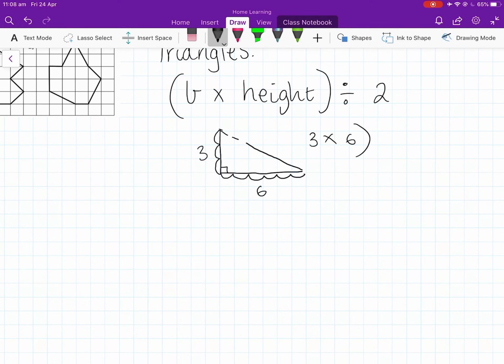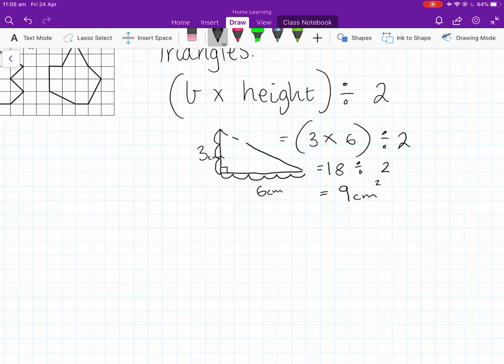We need to times them together. So we have 3 times 6, and then we need to divide our answer by 2. We know 3 times 6 is 18. So 18 divided by 2, and then underneath, I know the answer is 9.